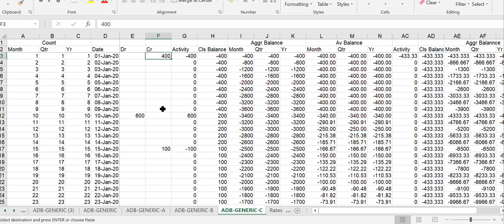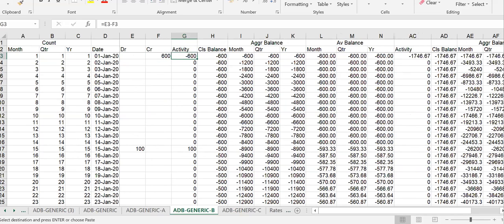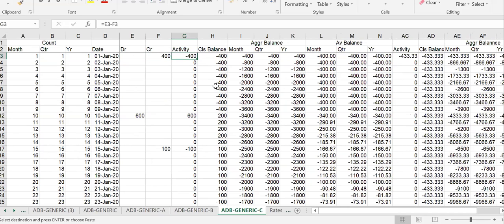That's how 1,000 debit, 600 credit, and 400 credit got balanced. So this is how the balanced journal is. If we see the balances on day one, the balance of A will be 1,000, B will be 600, C will be 400. Credit is negative, I have just put it for convenience.